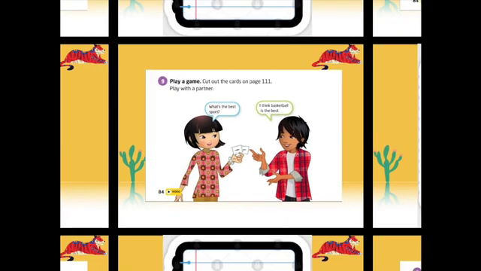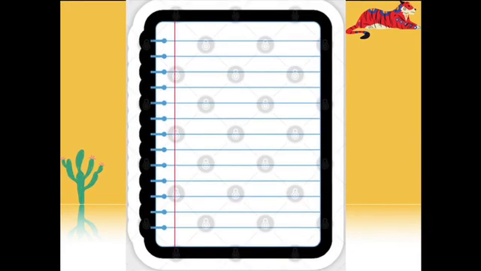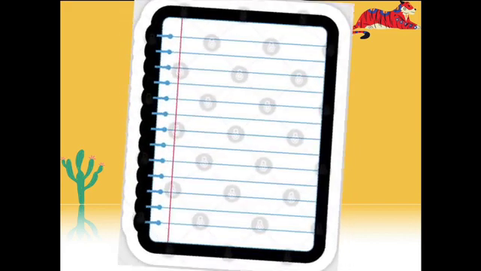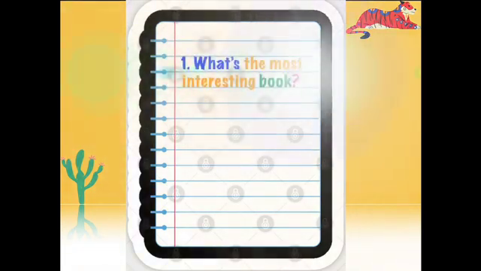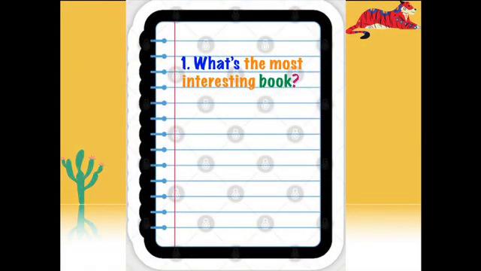For example, let's see. So this is my notebook and we're starting to work. The number 1 that I'm gonna use is interesting. The word that we're going to use is interesting. So my question is, what's the most interesting book? We're going to use "the most" because remember that my adjective interesting has more than 2 syllables.